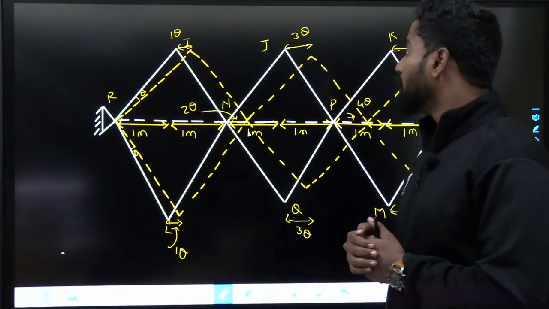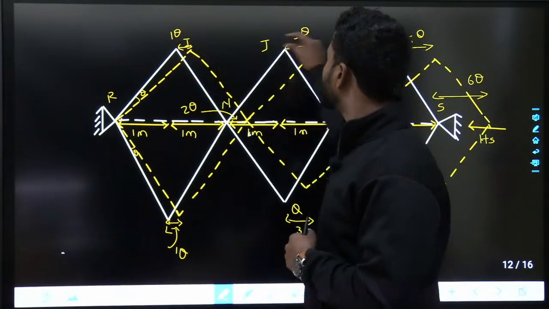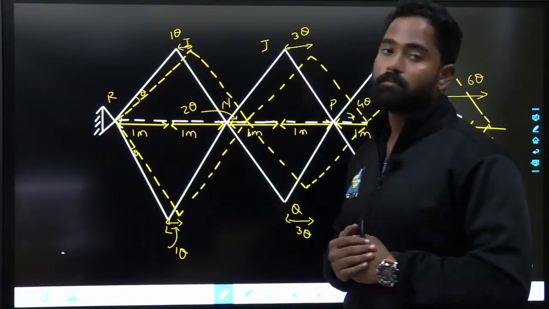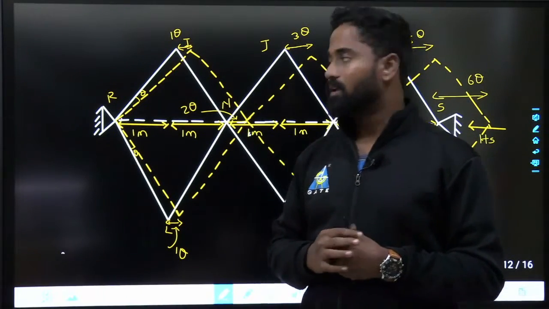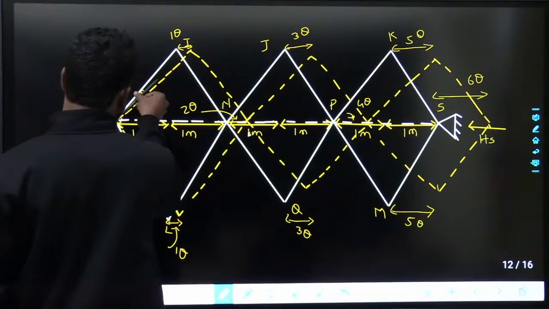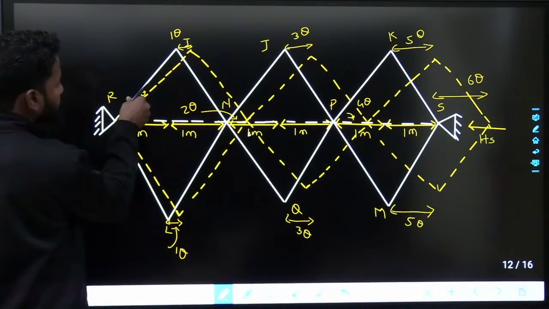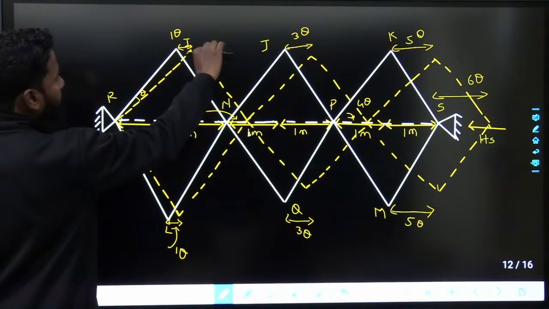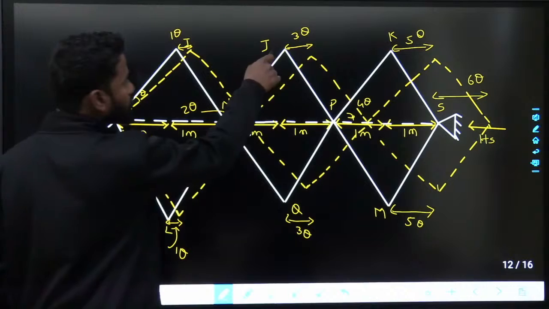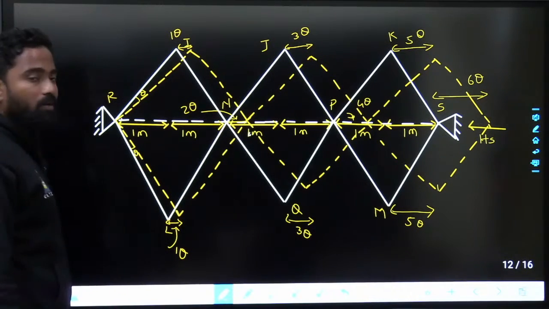vertical displacement at each and every place will be the same. If this is theta, you can see this is moving like this, right? This will also be moving like this, this will also be moving like this.